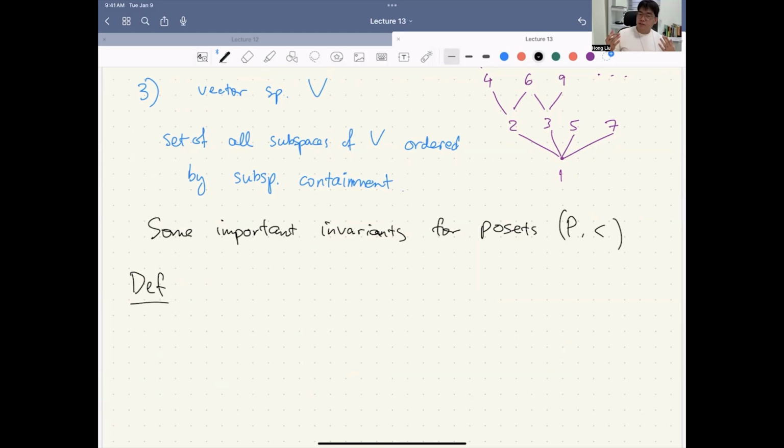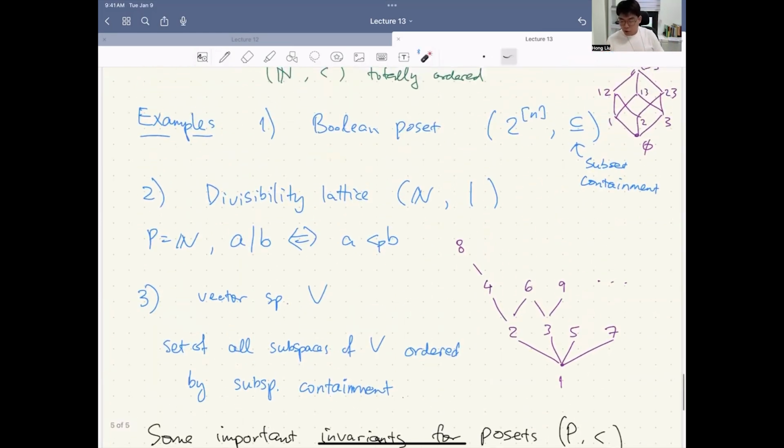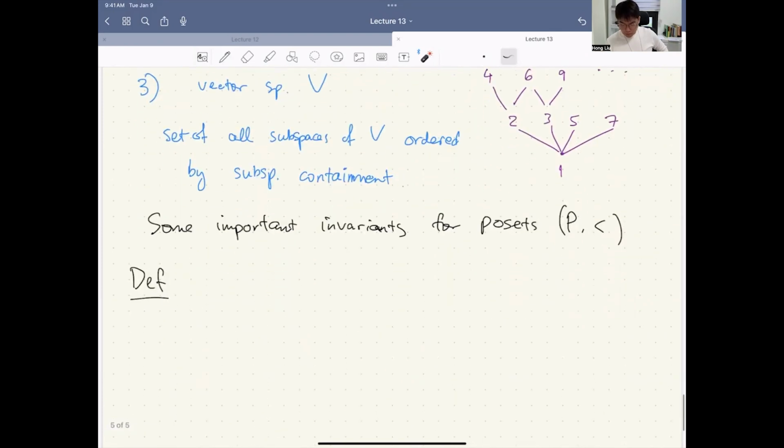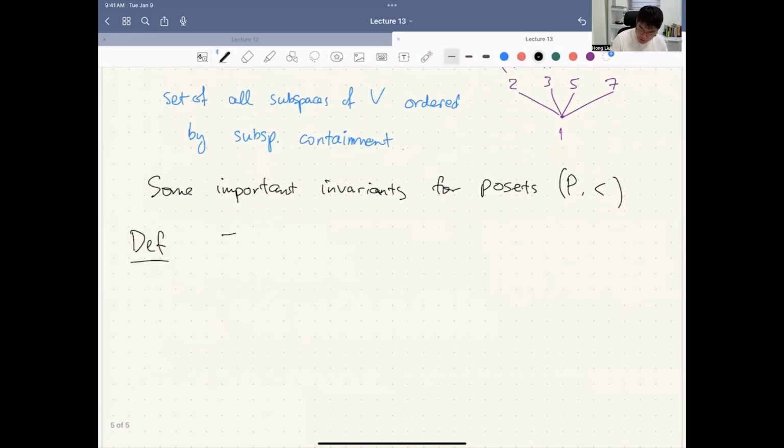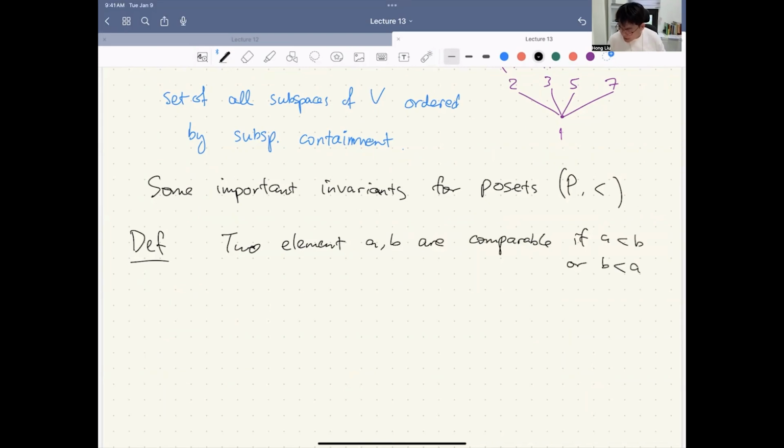In the Boolean lattice, anti-chain means no set is contained in another. So we say 2 elements A, B are comparable if A less than B or B less than A, right? If one of these is satisfied, you can compare them. Otherwise, incomparable.